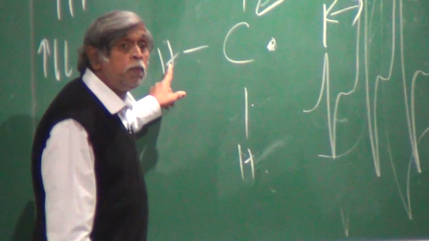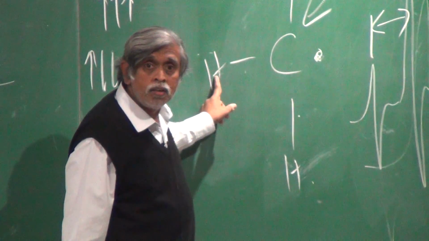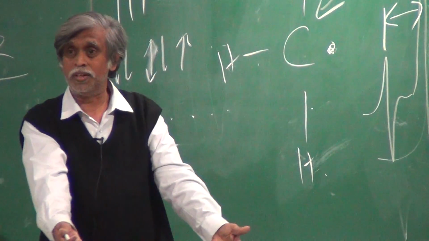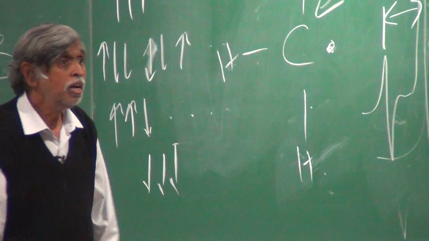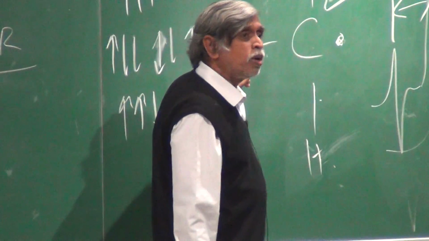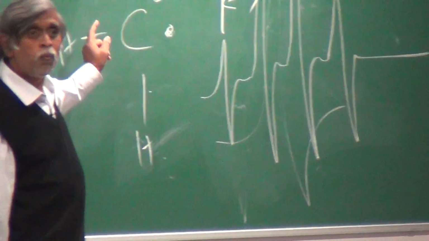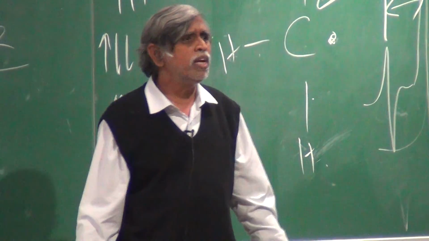So, if the electron spends a lot of time on hydrogen, what do you think will happen? It will couple quite strongly because it is spending more time over there, and therefore the coupling will be strong. But if the electron spends much less time on hydrogen and lots of time on carbon, what will happen to the coupling? Well, it will be weaker.